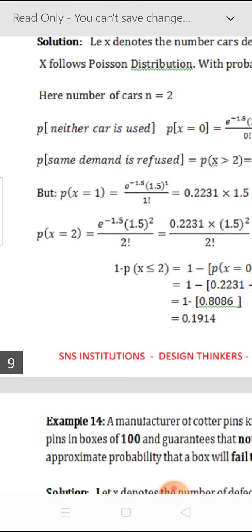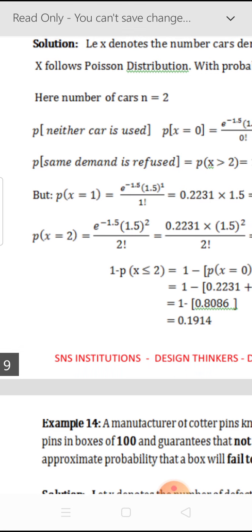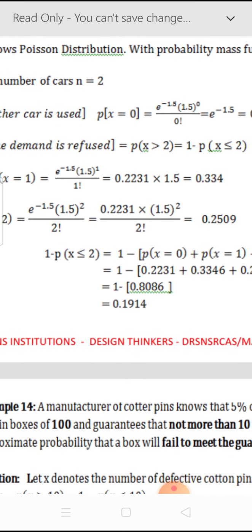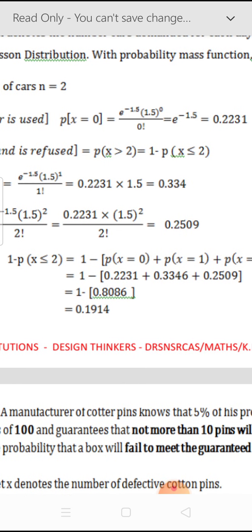Next we find the probability that some demand is refused. That is equal to probability of x greater than 2. We know that this is equal to 1 minus the probability of x less than or equal to 2. The probability of x less than or equal to 2 is nothing but probability of x is equal to 0 plus probability of x equal to 1 plus probability of x is equal to 2.